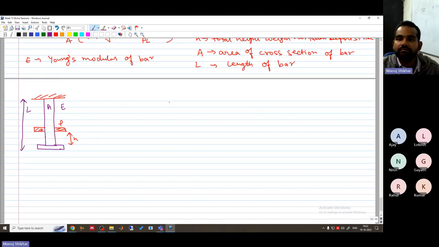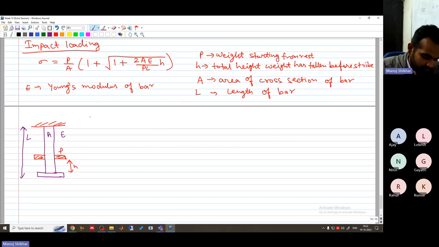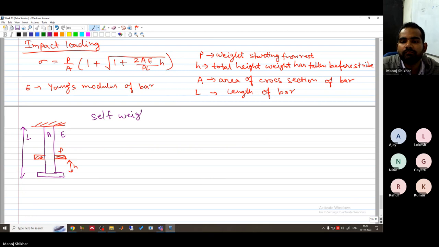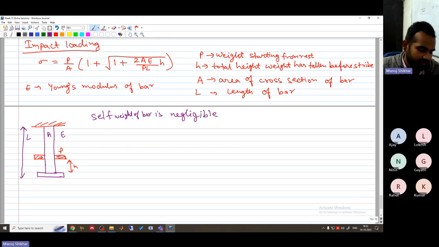So here we have sigma. This sigma is called sigma sudden. The assumption is that the self weight of the bar is negligible.